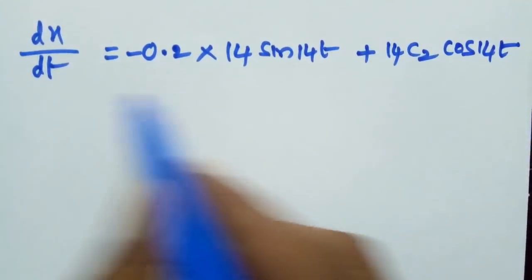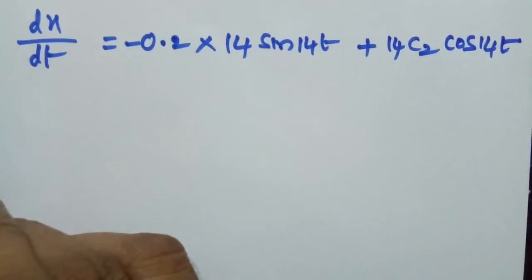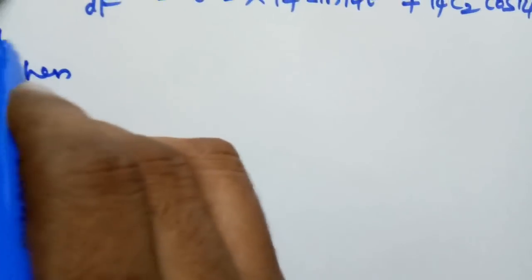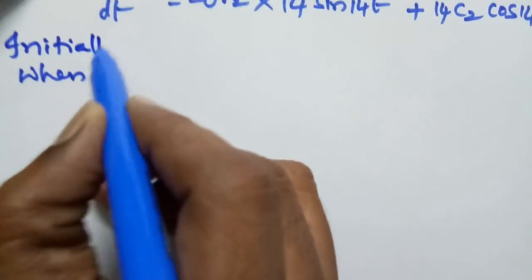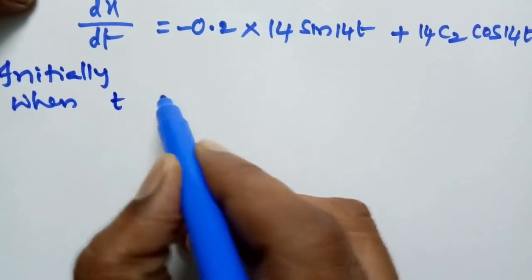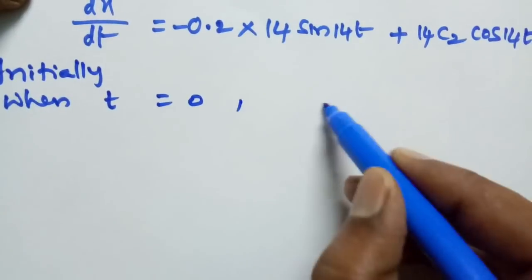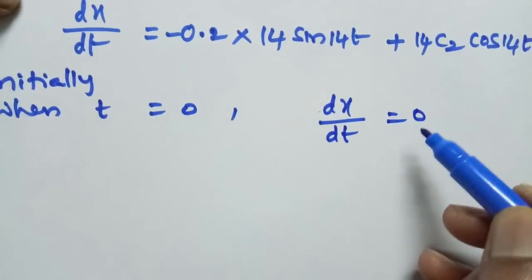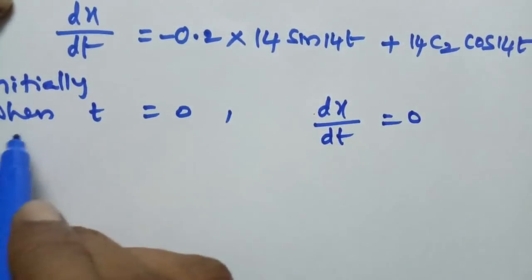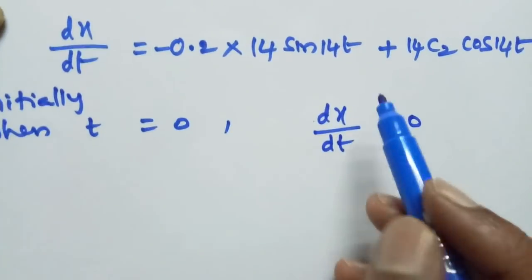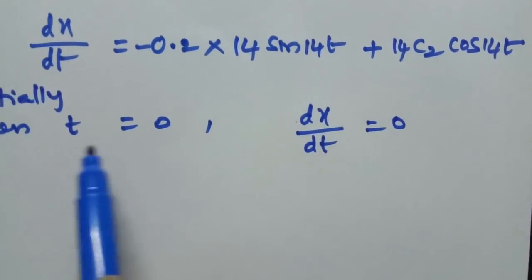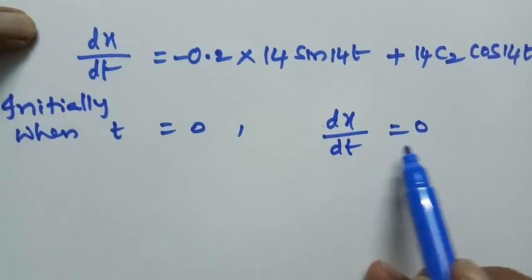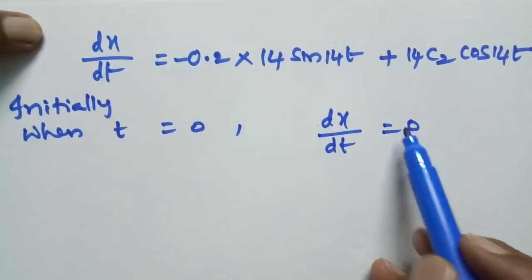Also given that when time t equal to 0, velocity is also 0. That is the initial condition. So displacement is 0.2 and velocity is 0. There is no velocity at time t equal to 0 in the body.